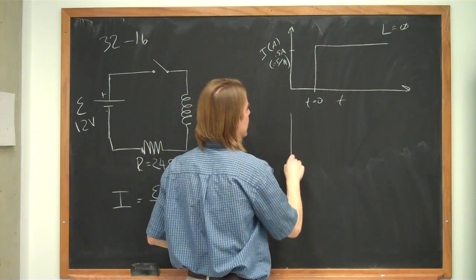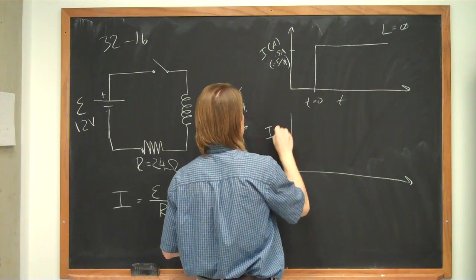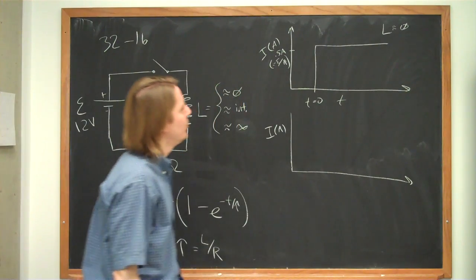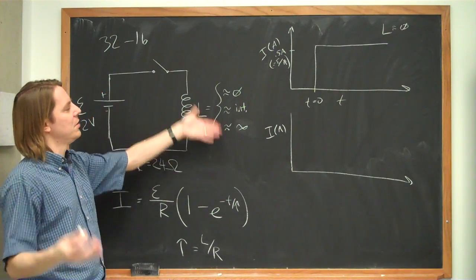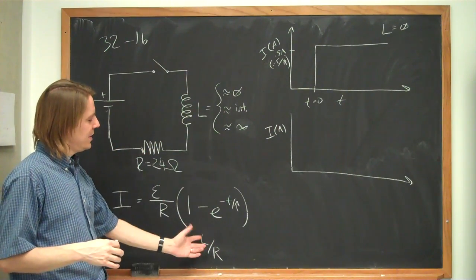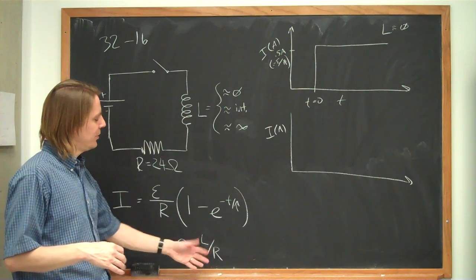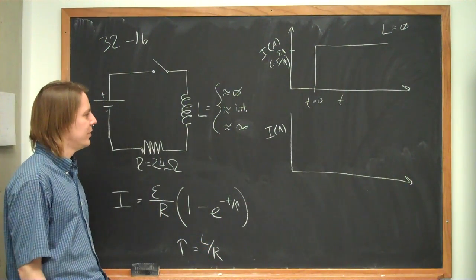What if L were some intermediate value? What that basically means is it has a reasonable value, in henries, it might be a Henry or 2 Henries, something like that. And when you take this reasonable value over that reasonable value, you get a reasonable time constant, on the order of seconds, say.